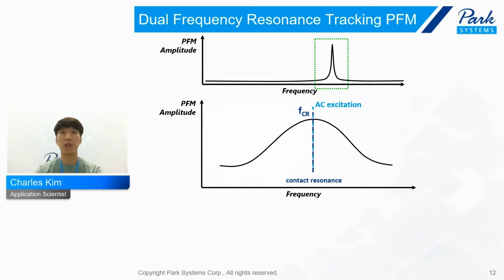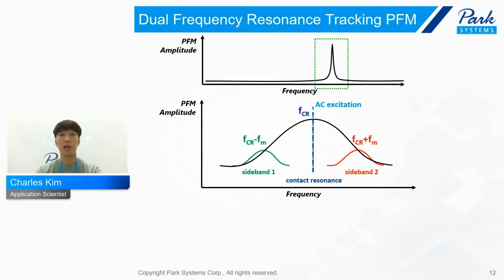So if I zoom in here near the contact resonance area, firstly we measure the contact resonance frequency and give the AC bias at the same position. But for the DFRT, to know the shift of this frequency, we make two more sidebands, at the right and at the left position.